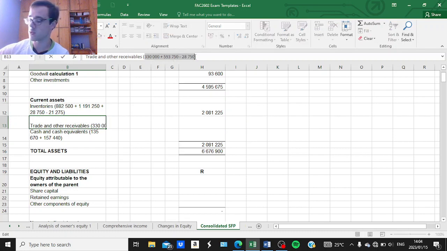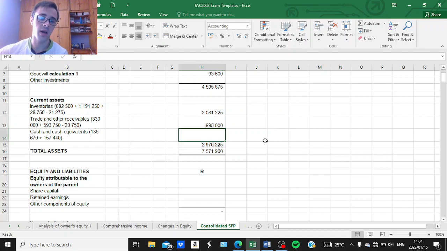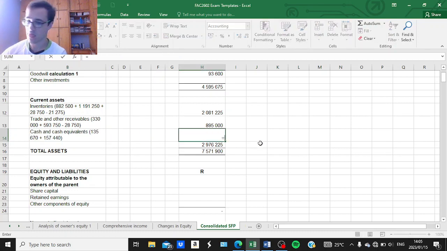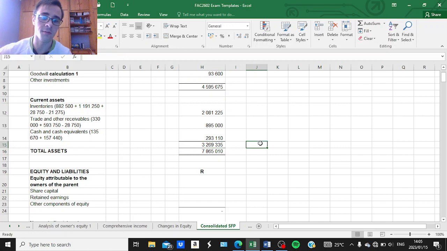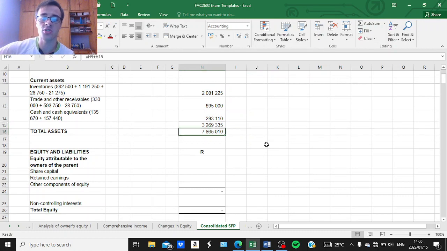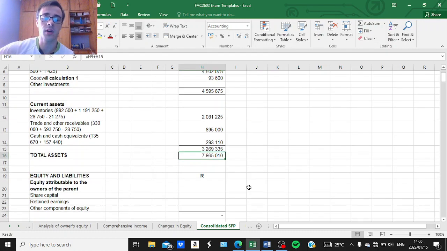Trade and other receivables for the group is 895,000, and then we have cash and cash equivalents of 293,110 Rand. So your total asset section should amount to 7,865,010.